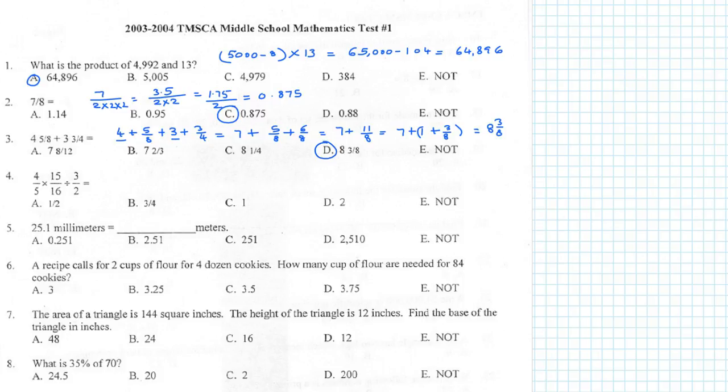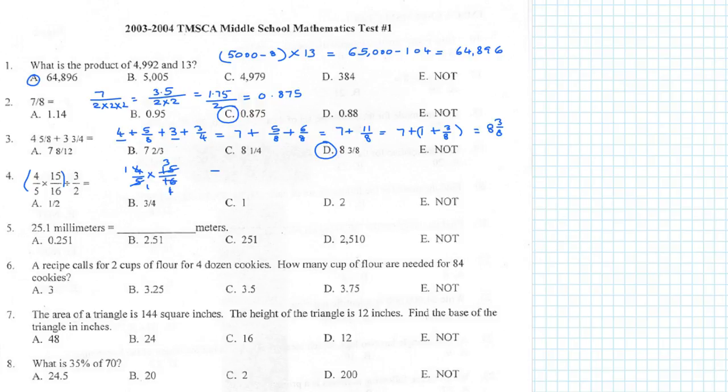Question number 4. So we have 4 over 5 multiplied by 15 over 16, and that is divided by 3 over 2. So let's take a look at 4 over 5 multiplied by 15 over 16 first. So clearly 5 times 3 is 15 and 4 times 4 is 16.